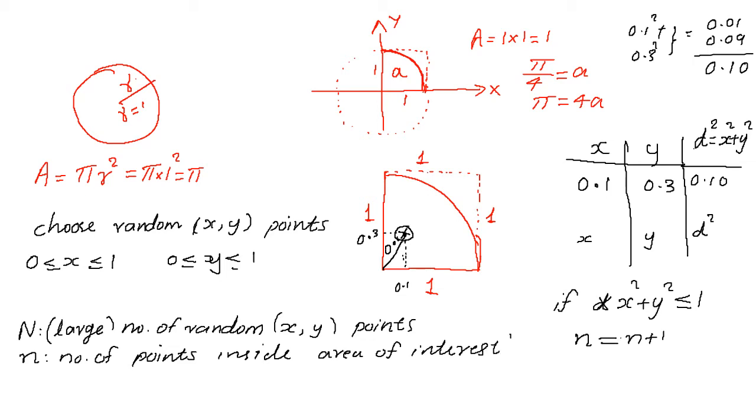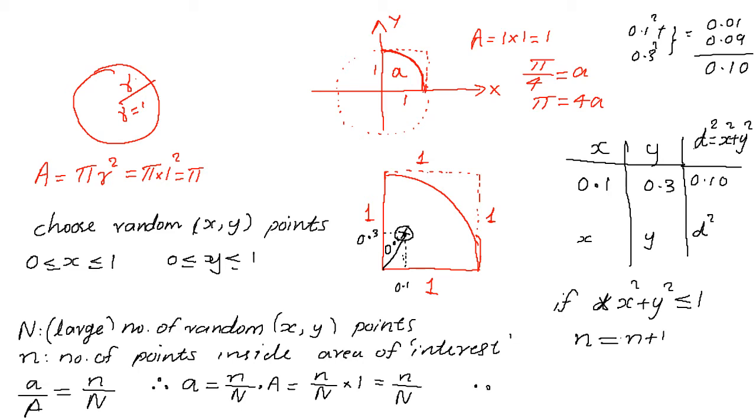Correct? Therefore, I can write a by capital A will be equal to n by capital N. Therefore, my area of interest is small n by capital N into A, which is small n by capital N into 1, that is small n by capital N.